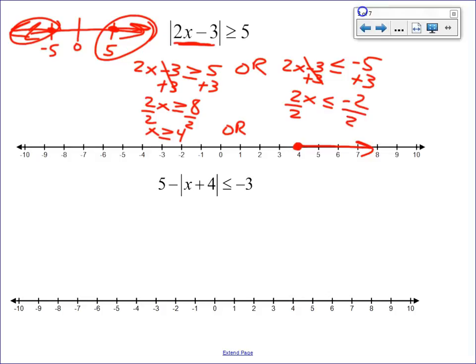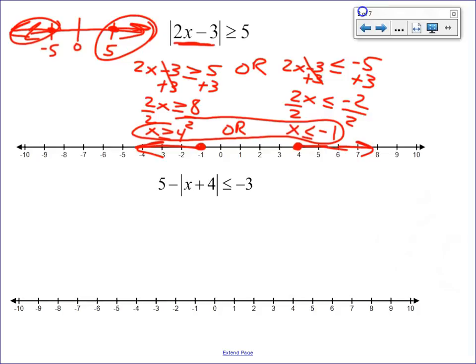Notice we're dividing both sides by a positive 2, so that keeps the inequality sign in the same direction. It should actually be a negative 1. So x is greater than or equal to 4, or x is less than or equal to negative 1. In this case, we've got this beyond situation, where it's beyond the 2 values.